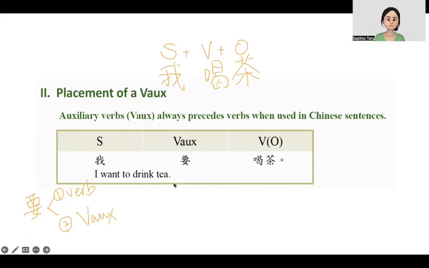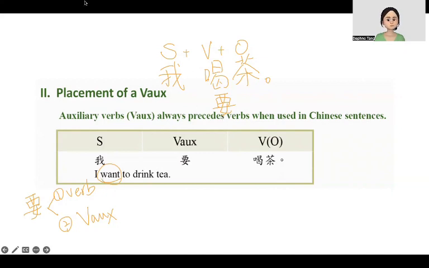If you say 我要茶, it means I want tea. What I want is tea. Okay, so 要 is want, the concept of wanting.